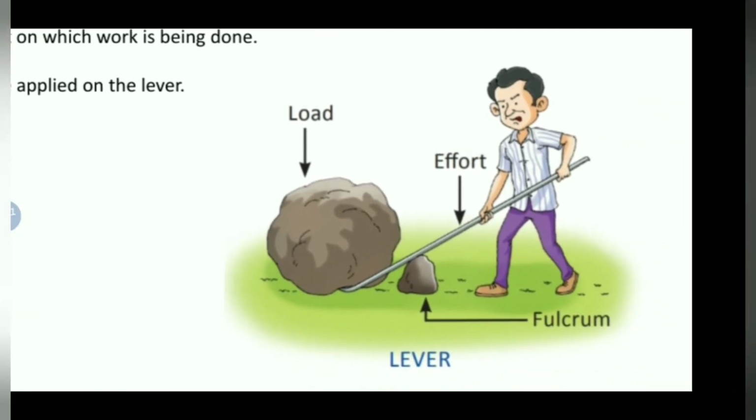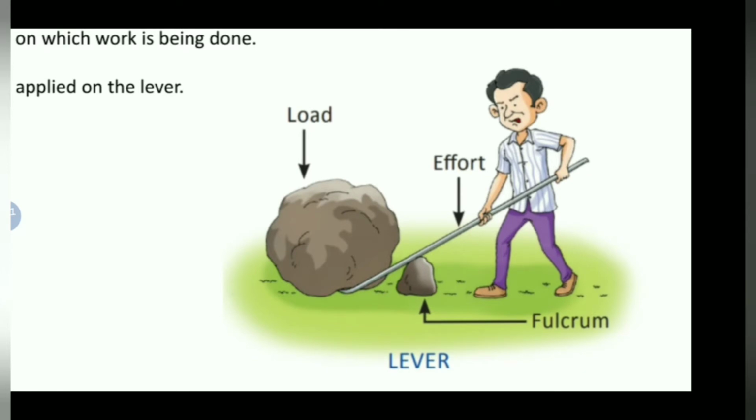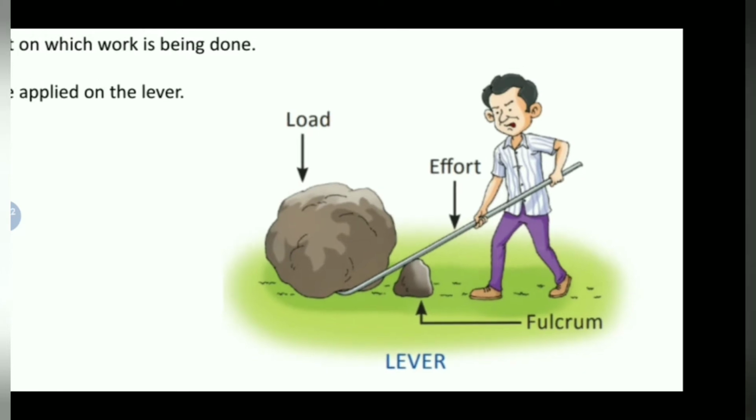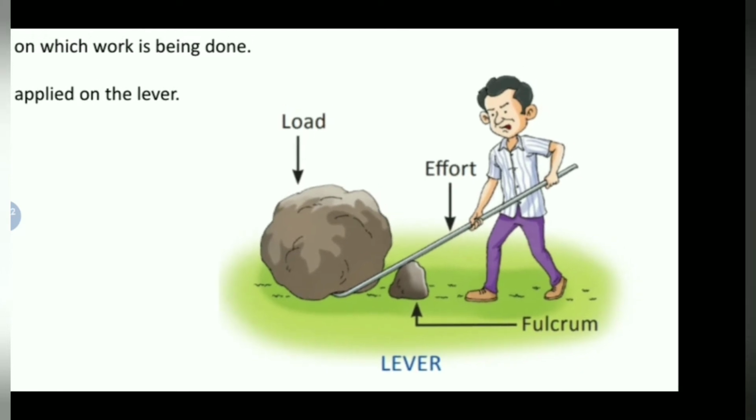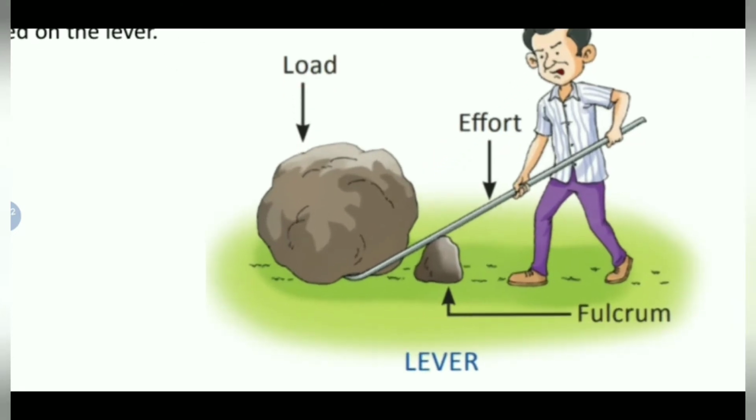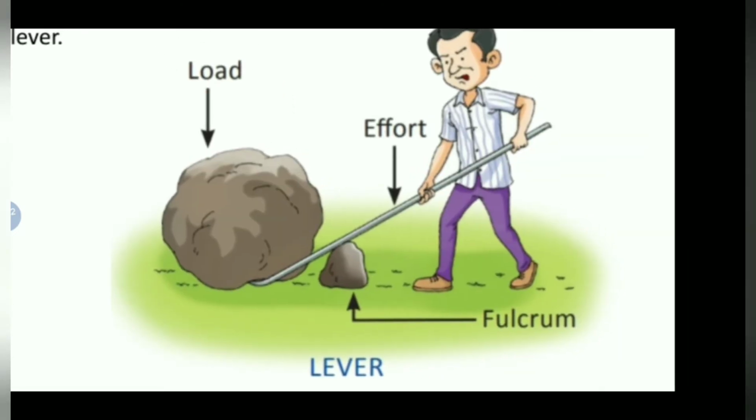Just have a look at this picture. Here you can see this fixed point. The fixed point around which this rod moves, that is the fulcrum. Then this big rock, it is the load. Load is the object on which work is being done.